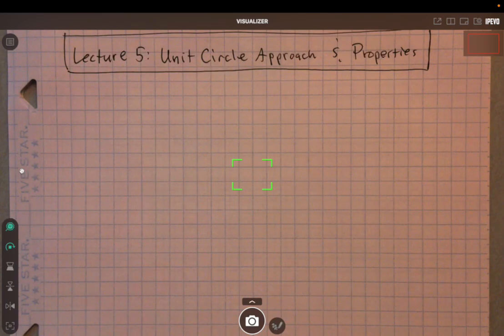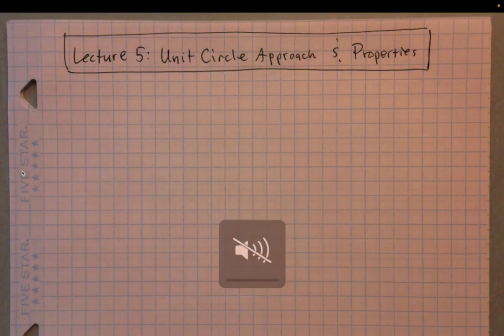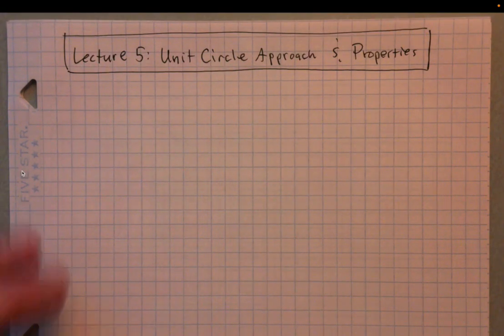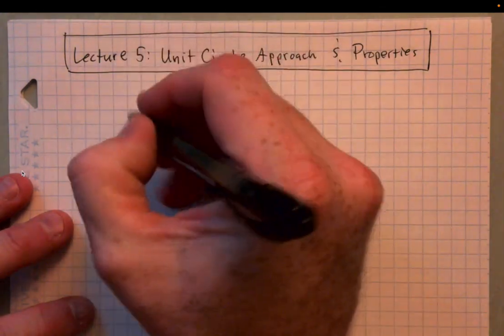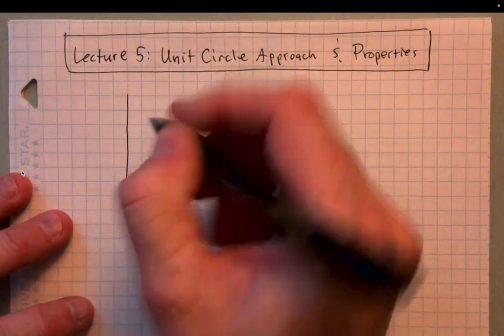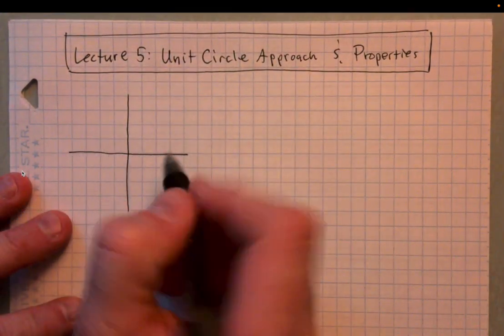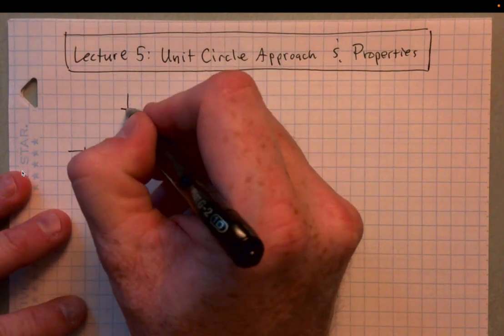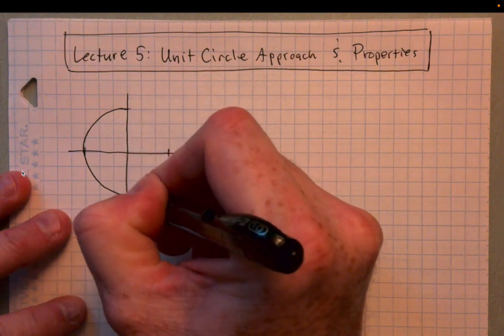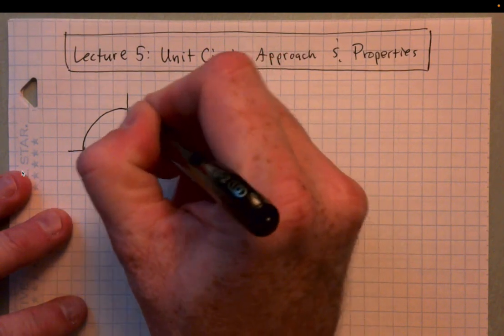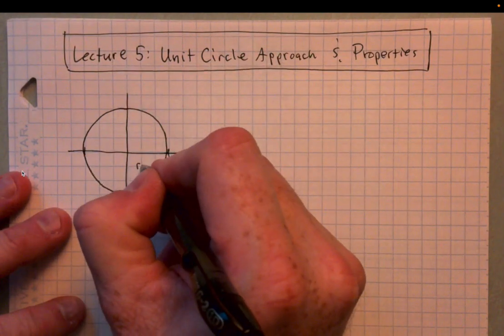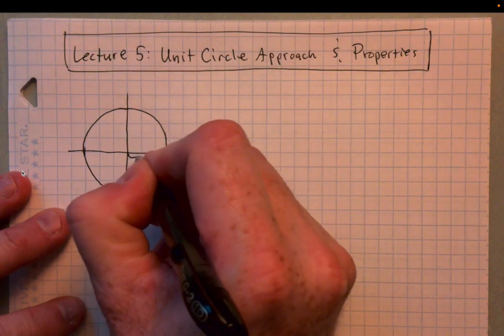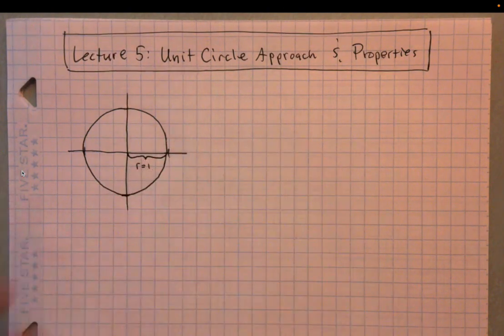Okay, so for the unit circle, I think we've talked about this a little bit, but let's go ahead and level set. What do we mean by a unit circle? So a unit circle is a circle whose radius is 1. Okay, so i.e. a single unit. So the radius is 1, meaning the distance from the center of the circle to the circle's edge is 1 unit.